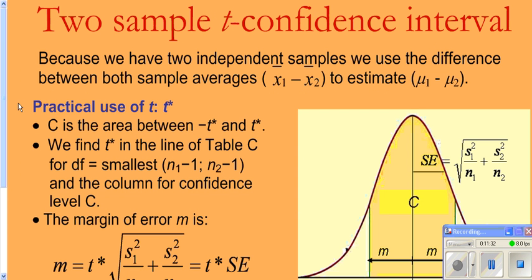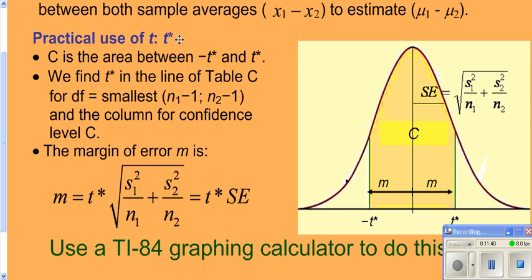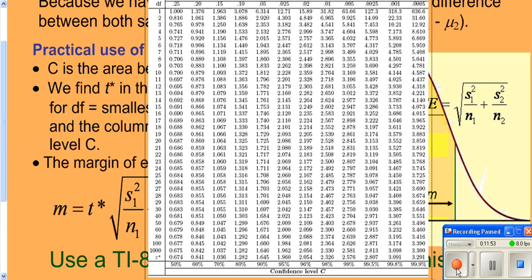Now, we also have the two sample t confidence interval. Well, you need to deal with your t star, which is from table C. So you look at your degrees of freedom, which is once again the smaller of the two. Look at your table C. You find your degrees of freedom here on the left, and then you go across to the column until you get to your confidence level down here.